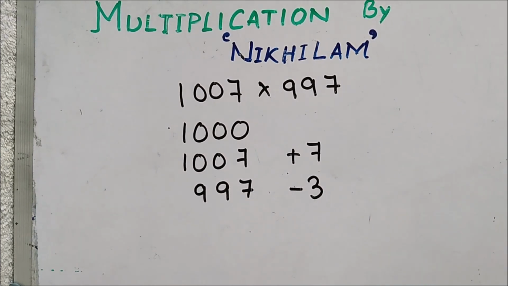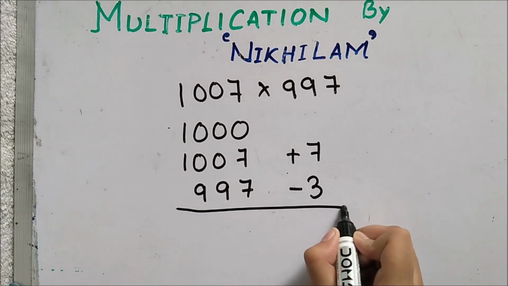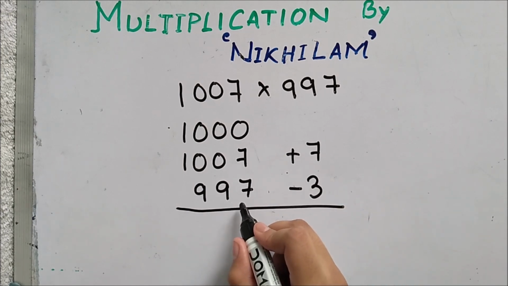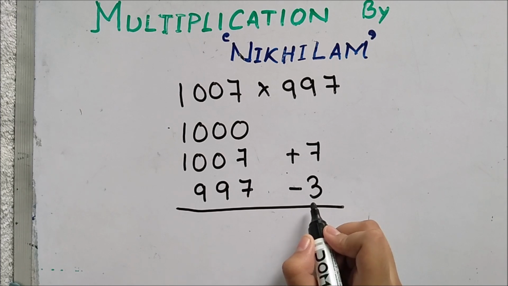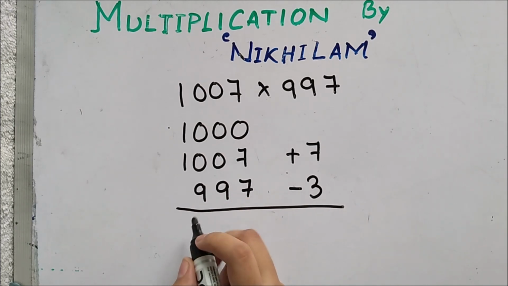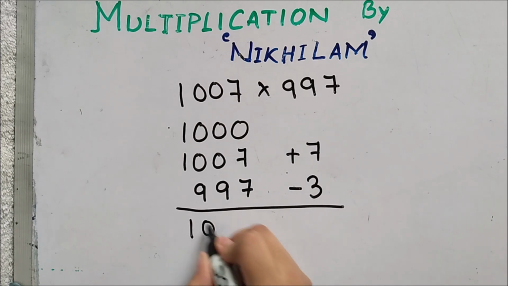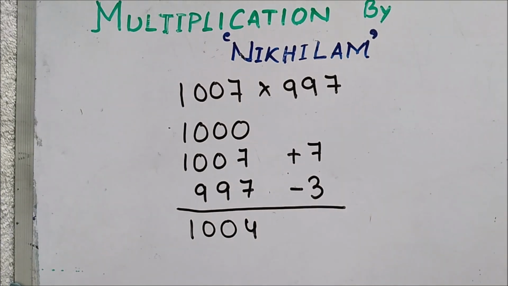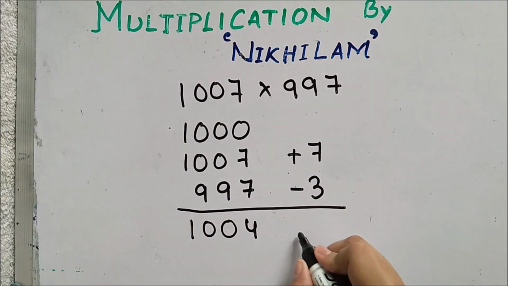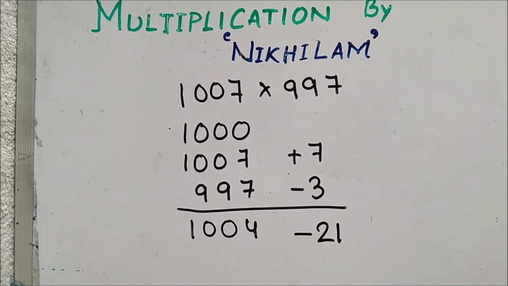Now our third step will be, we will add 7 to 997, or we will subtract 3 from 1007. Our answer will be 1004. We will multiply 7 and minus 3, that is minus 21.